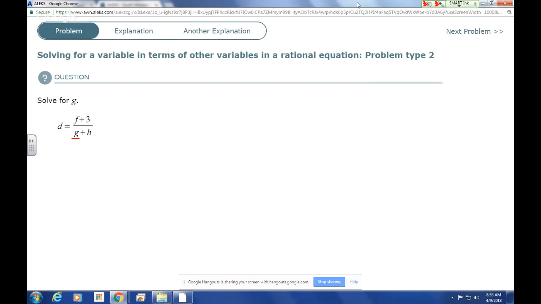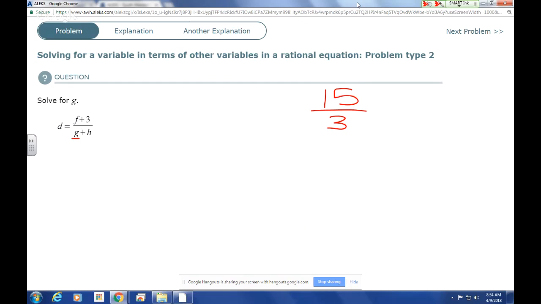If G is in the bottom, the first step we have to do is get it out. Okay? What operation is saying I'm in the bottom? What is a fraction? Don't have to write this down, but if I said 15 over 3, what is that 3 doing to that 15?